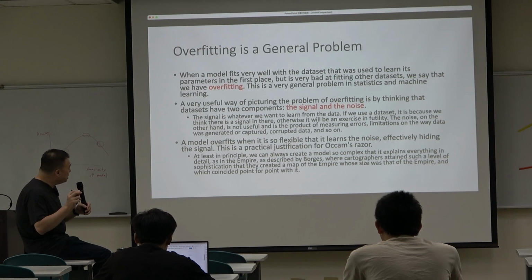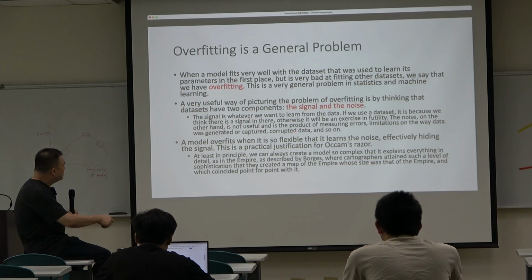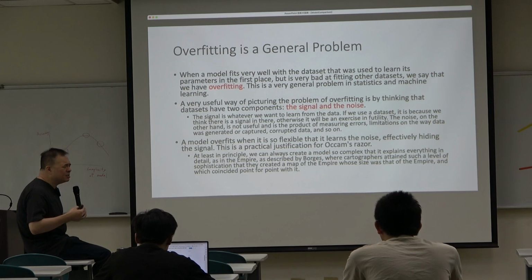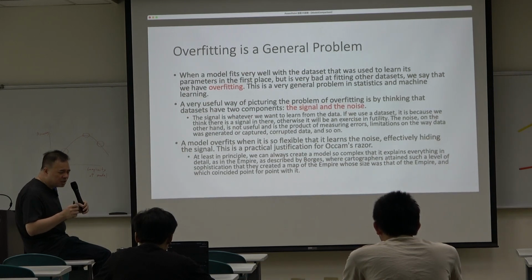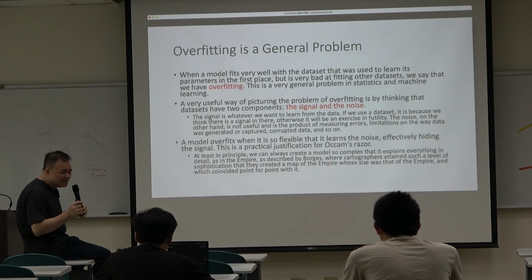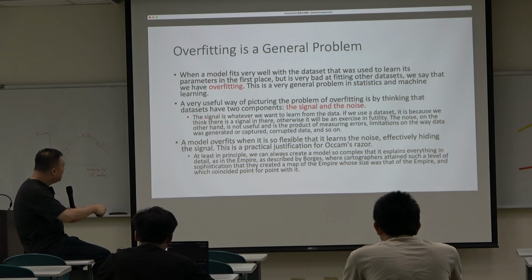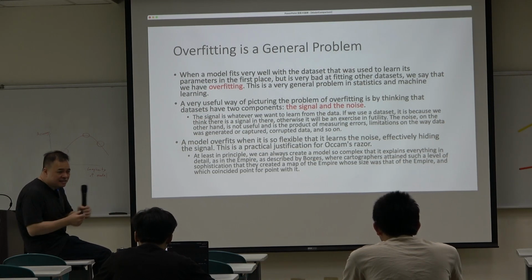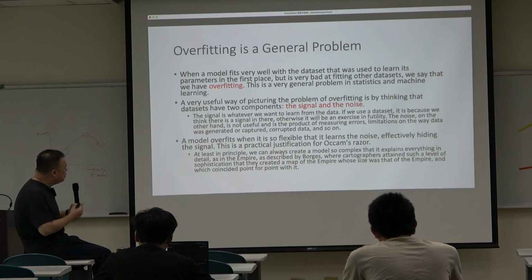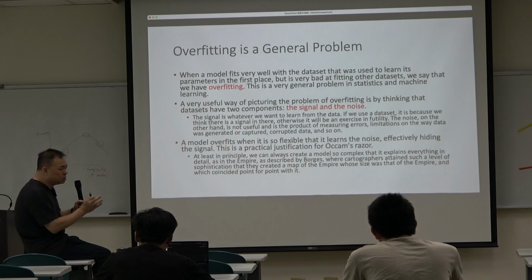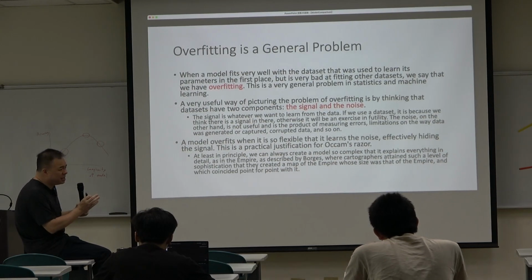Those errors are the ones that we want to ignore from the data set. But because the data set contains these two components together, it is very difficult for you to tell which part is the signal and which part is the noise.